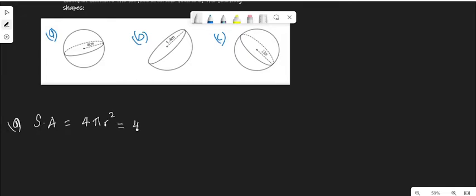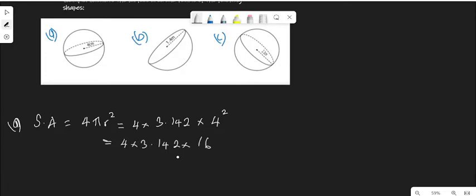That is 4 multiplied by 3.142, which is an approximate value for pi, times the radius of this sphere, which is 4, so 4 squared. Which is 4 times 3.142 times 4 squared, and 4 times 4 is 16, times 16.